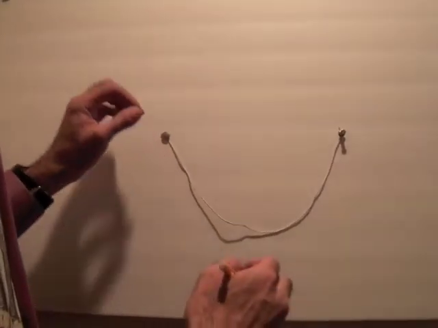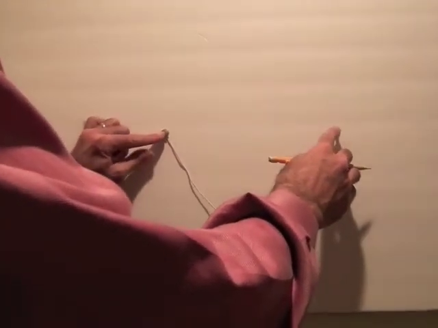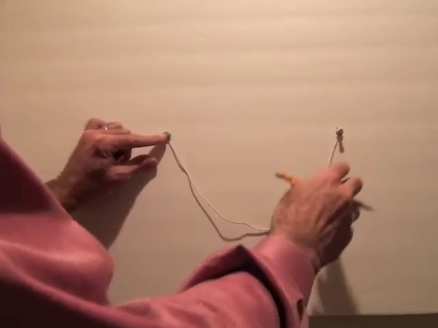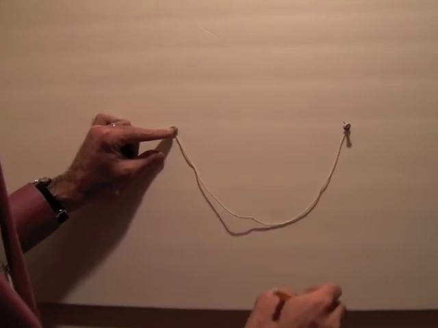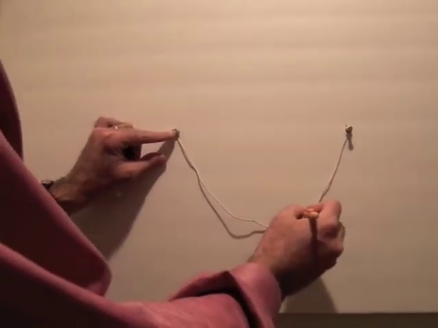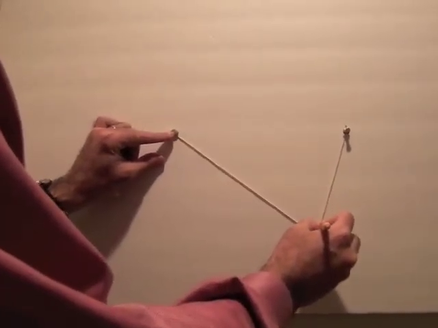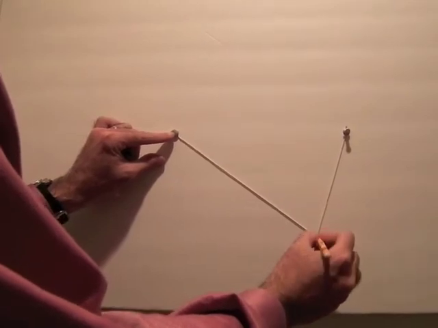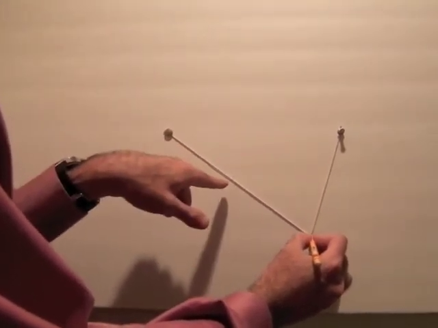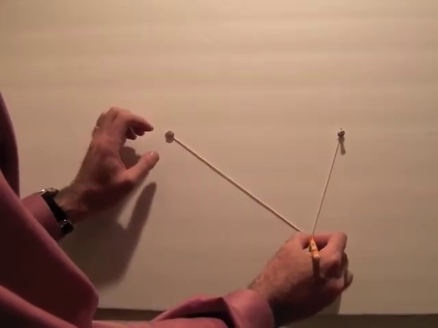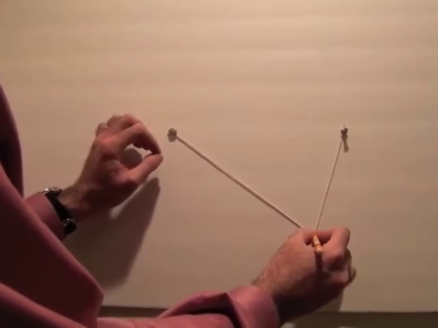These tacks represent the foci, and this string is going to represent d1 and d2. You'll see what I mean in a minute. Let's suppose that I've got a point on an ellipse. Well, d1 plus d2 equals m, the major axis. We're going to verify that in just a bit.